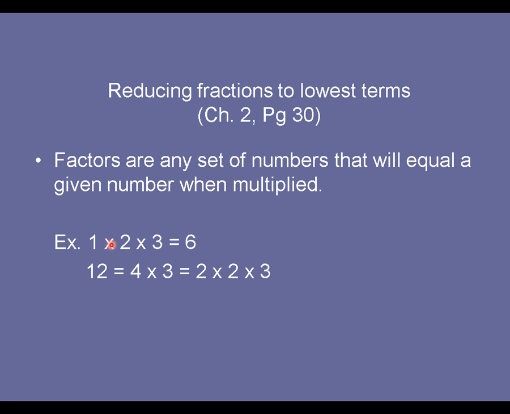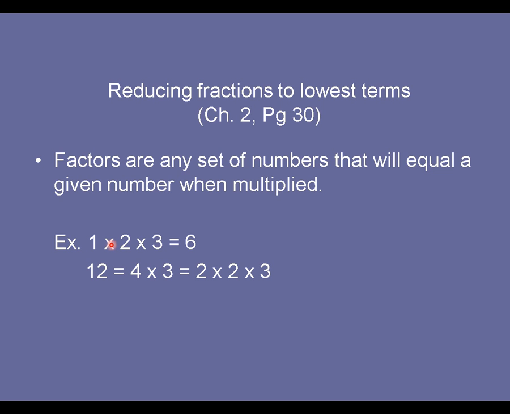How about 8? You can write 8 as 2 times 2 times 2, which is 8. 9? Not a prime as well, right? Because you can write 9 as 3 times 3. 10? 5 times 2. It's not a prime. 11? 11 is a prime. So as you can see, there are several prime numbers.